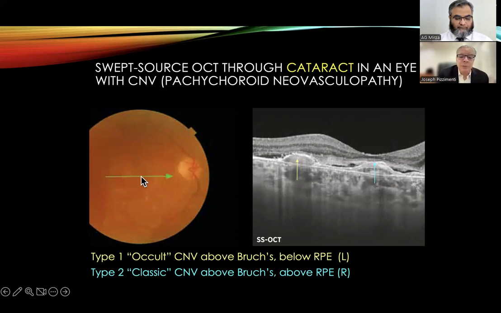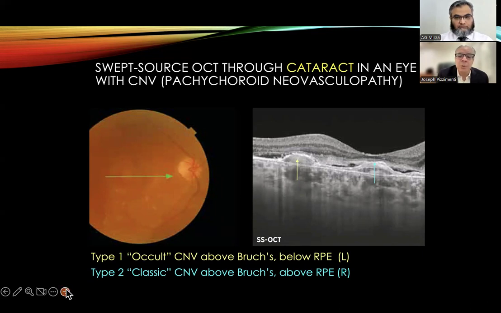But the OCT on swept source is able to detect suspected areas of type 1 choroidal neovascularization, which is underneath the pigment epithelium and now leaking fluid into the subretinal space, and a type 2 choroidal neovascularization that has also pierced the pigment epithelium and is now invading the subretinal space.